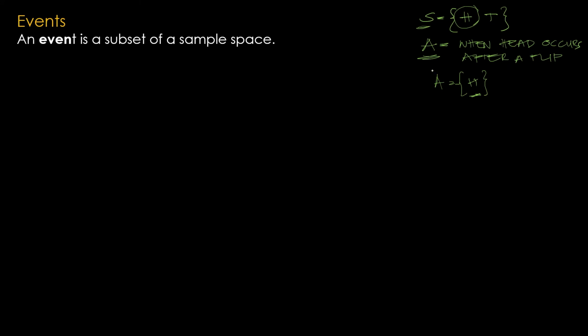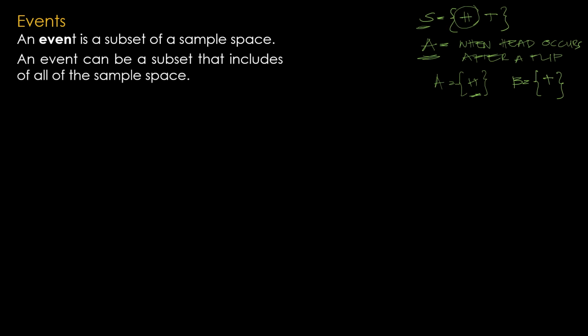Also, you can name an event B as when tail occurs after a flip. Then event B contains only tail, when tail occurs after one flip. That's all.